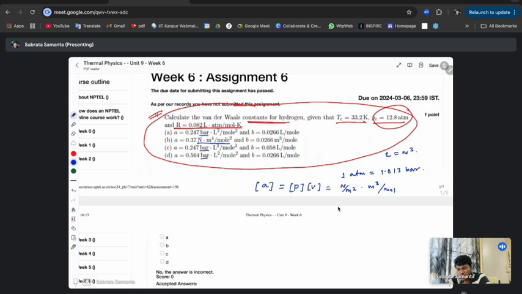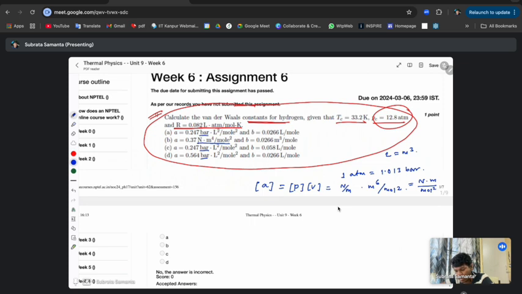Which equals Newton meter per mole square, Newton meter to the power 4, because V is L cube, so this is m to the power 6, because your V is basically a volume, L cube.